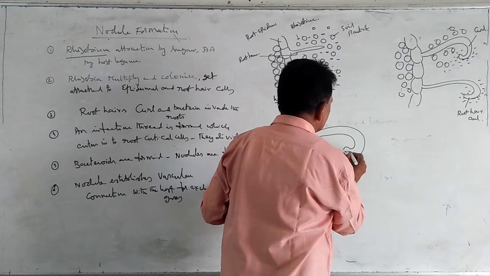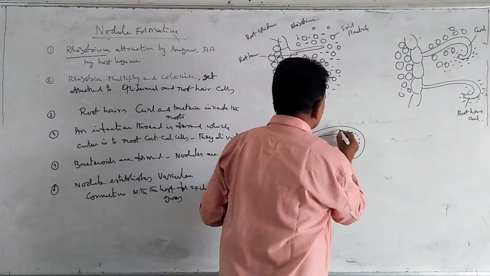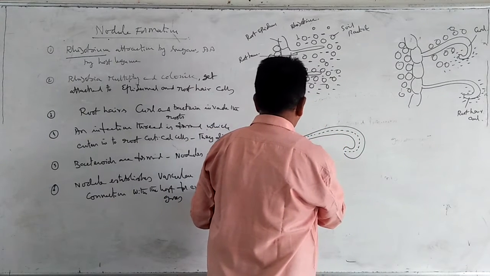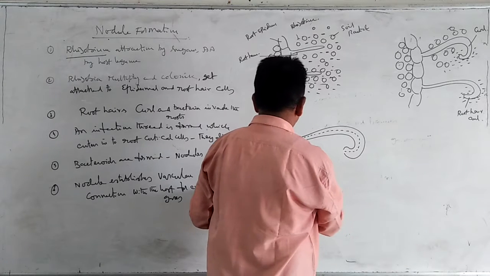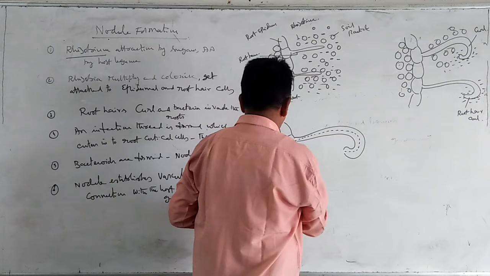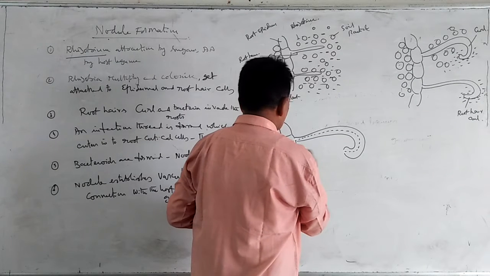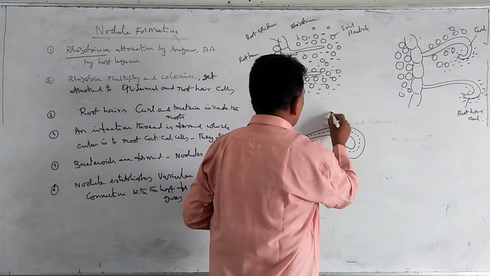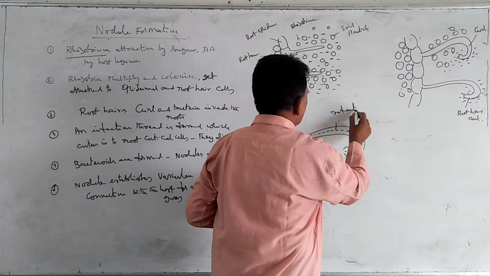An infection thread is formed like this. This is the infection thread, and it slowly migrates. So this is called the infection thread.